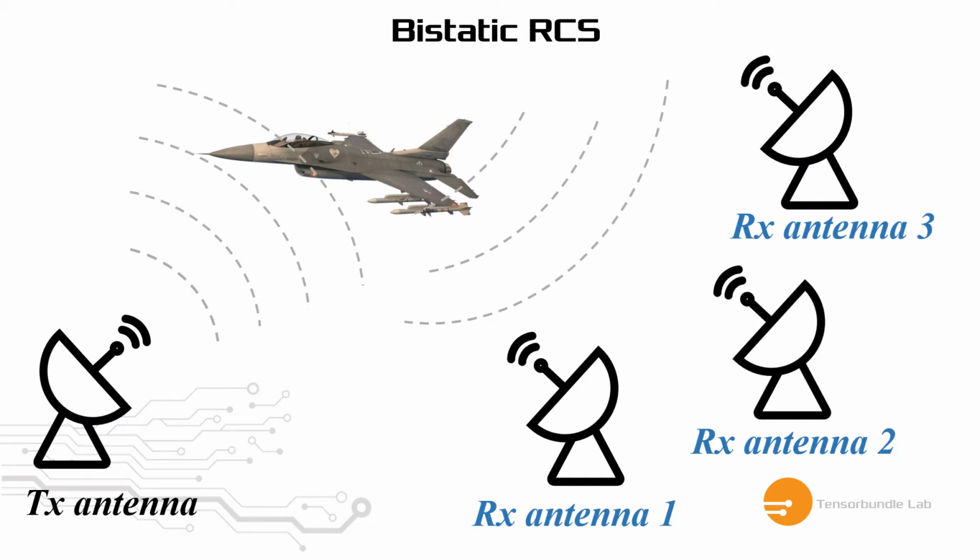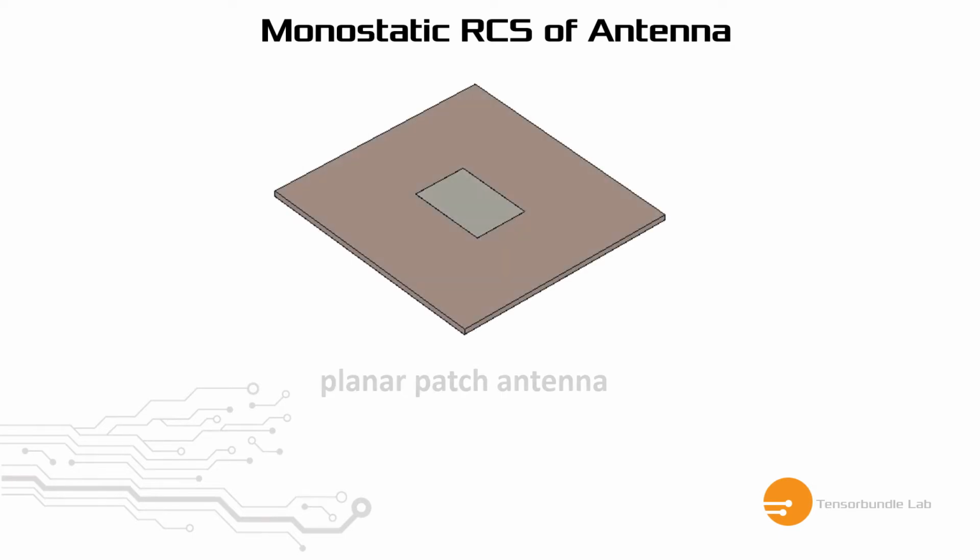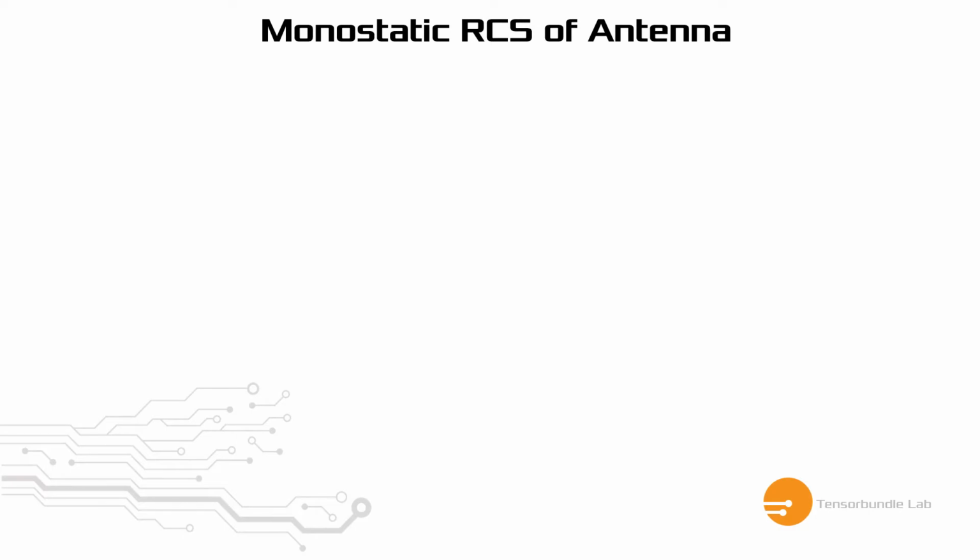Now, the monostatic RCS of an antenna is kind of different from the normal RCS concept. For example, if we have a planar patch antenna or any antenna, then we can define the monostatic RCS of the antenna in terms of two components. The first one is the structural mode RCS, which is normally expressed by sigma s.